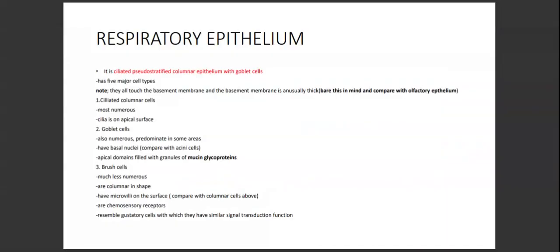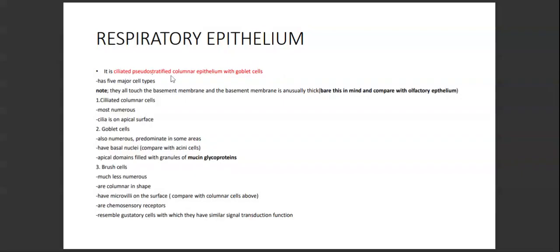So then we go to the respiratory epithelium now. This respiratory epithelium is also called ciliated pseudostratified columnar epithelium with goblet cells. So don't forget.